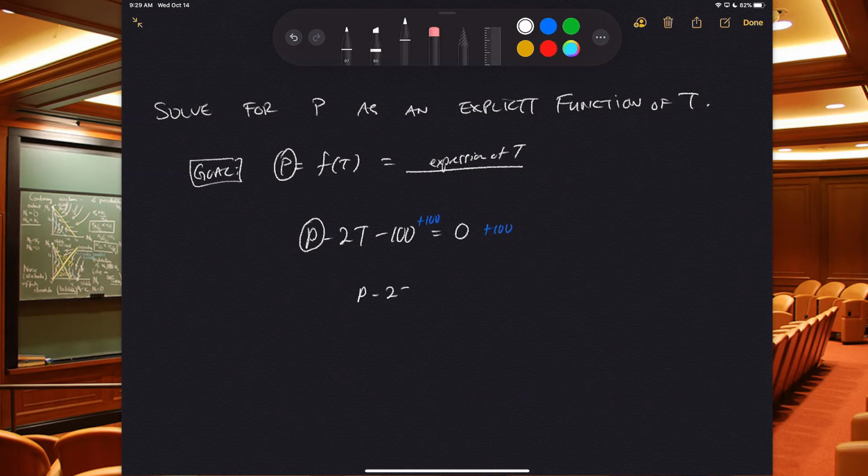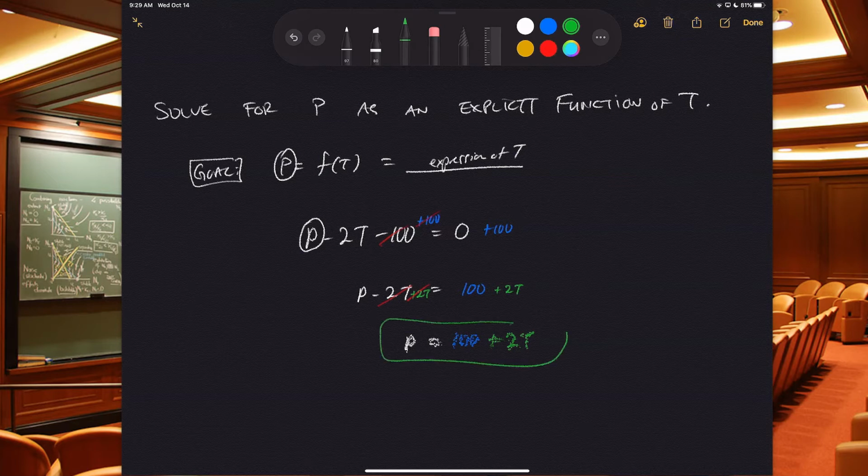So P minus 2T equals 100. And then I could add this 2T to the other side. If I'm solving for P, balance principle says these cancel here, just like they did here. And we're left with P equals 100 plus 2T.